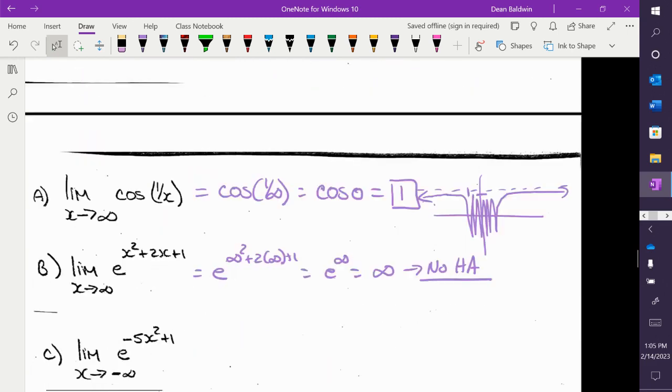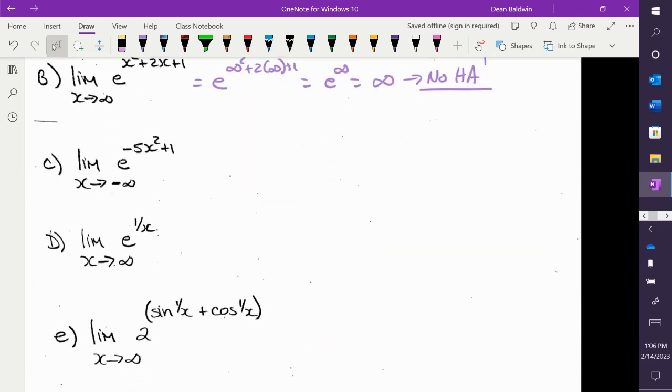Right. Okay. C. We're going to negative infinity, peoples. What is the answer?